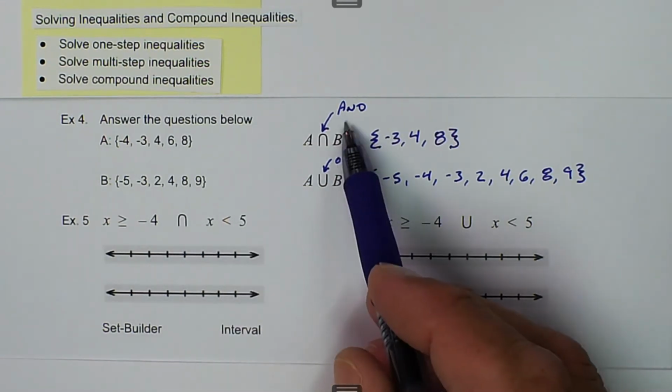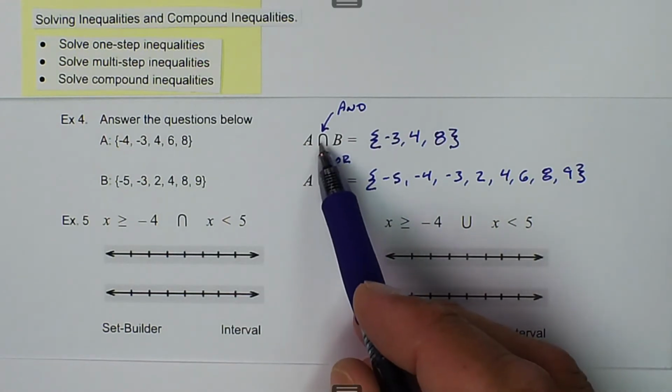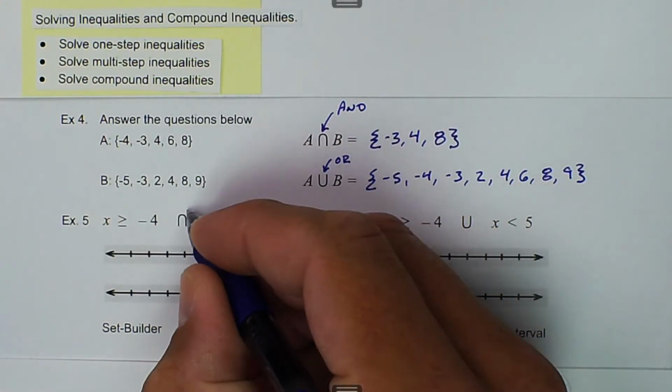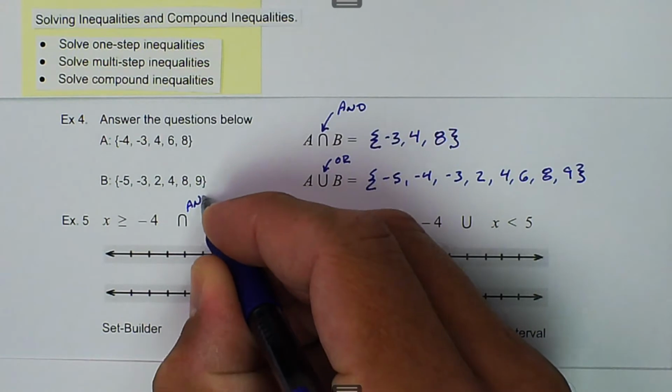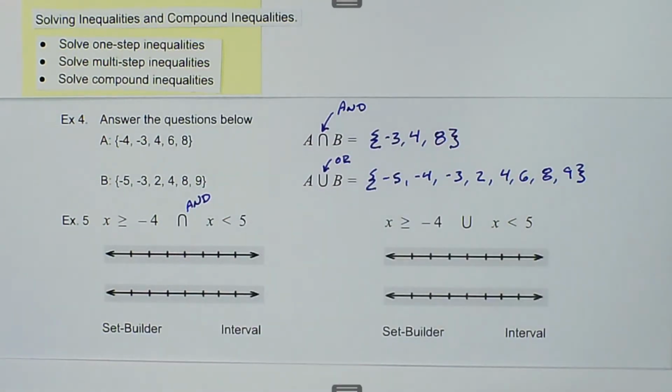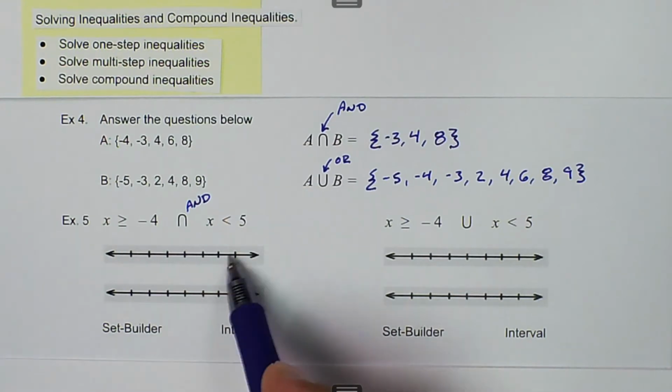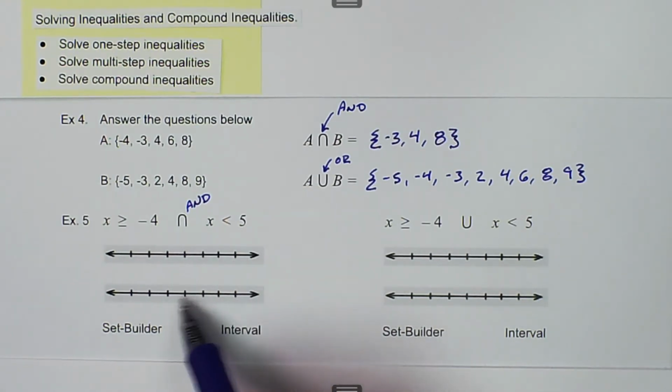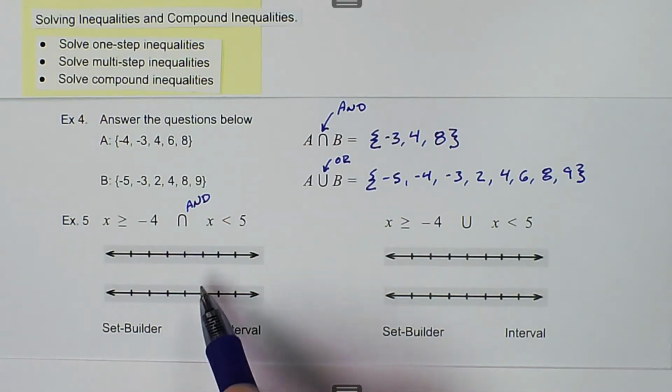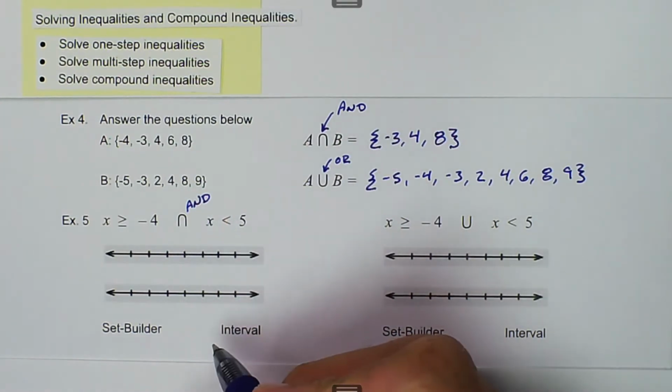What does this symbol mean? Does it mean and or does it mean or? This one means and. So we're looking for the spot where it has to be in both sets. So I'm going to use this top number line to show my work, and then I'll put the final solution here to show what the answer should look like.